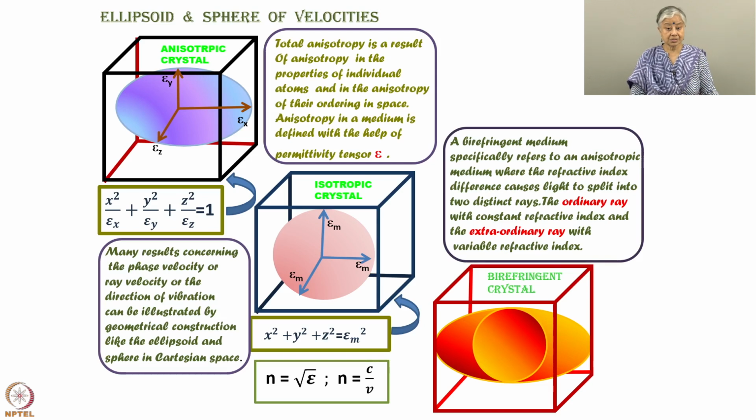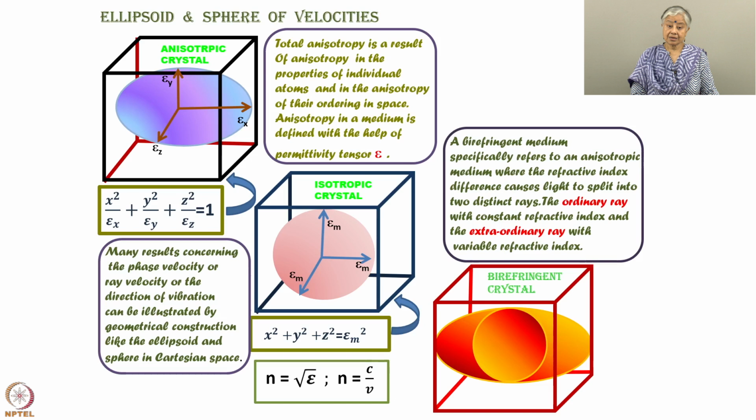We have come across this entity before, epsilon, and the moment I say tensor, it means the value of epsilon is different in different directions. We had also come across the dielectric D is equal to epsilon E, which we called the dielectric tensor. So, let us stick to the permittivity tensor and see what can be done.